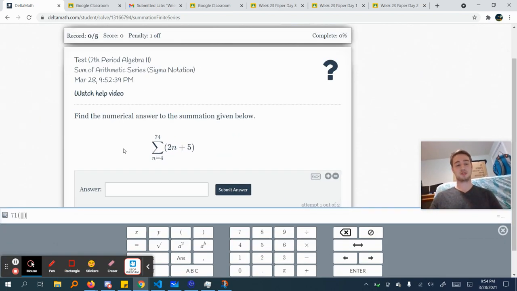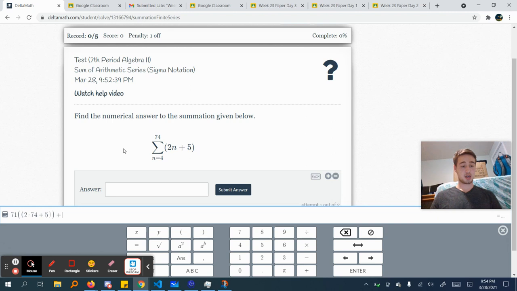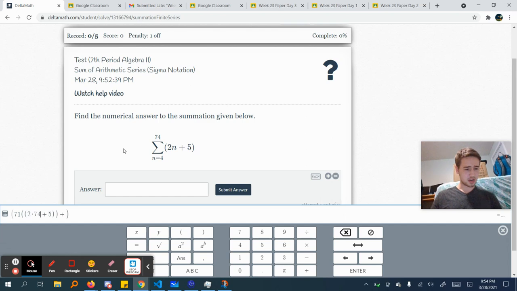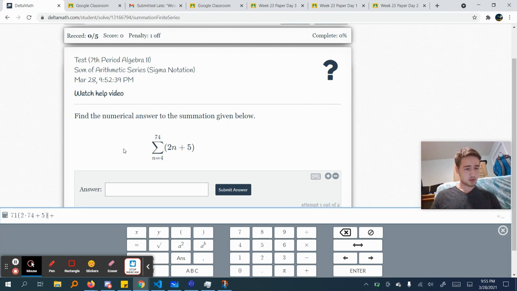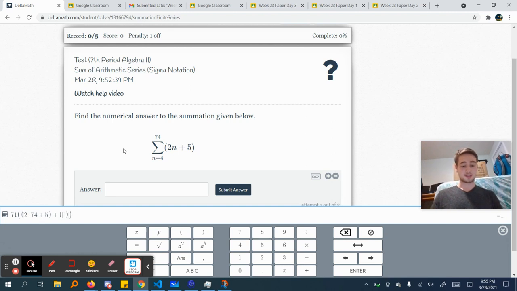to get 71 terms. And what we're going to do is multiply that by the sum of the biggest term, so 2 times 74 plus 5, and the smallest term, which is going to be 2 times 4 plus 5.